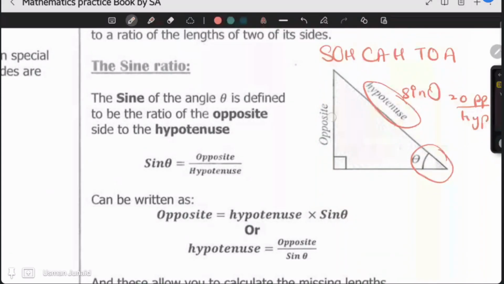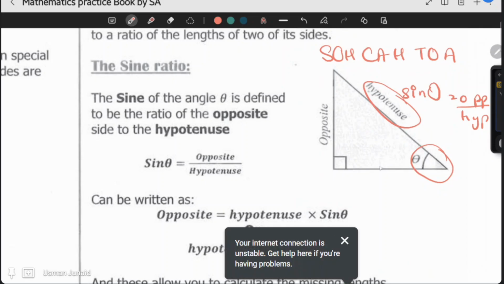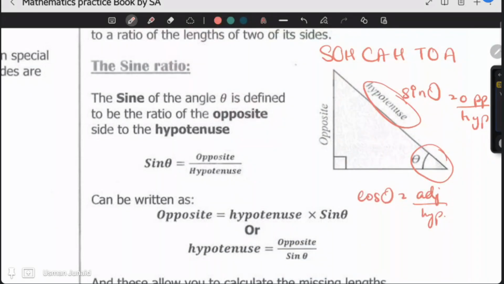And let's say we want this line. So the ratio that you would use would be cos theta is equal to adjacent over hypotenuse.